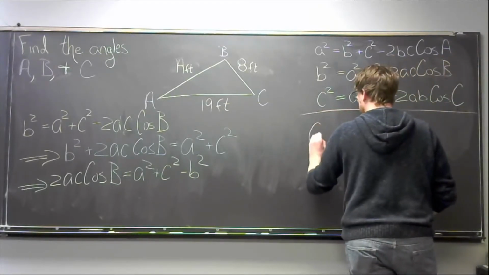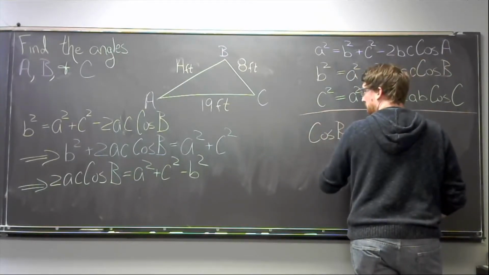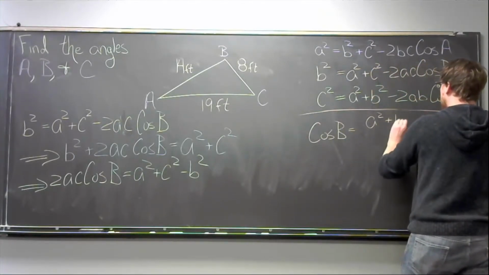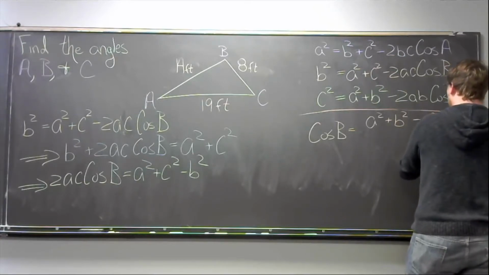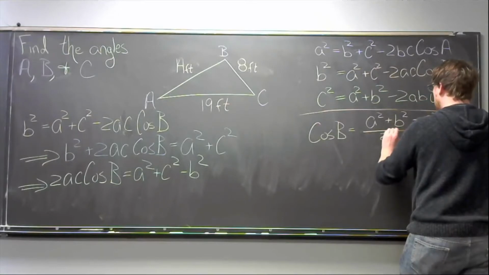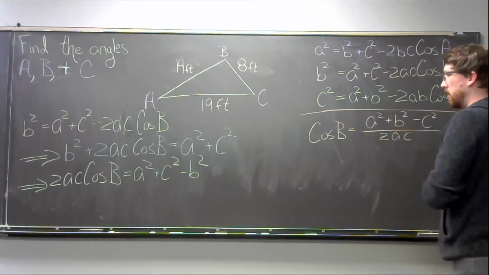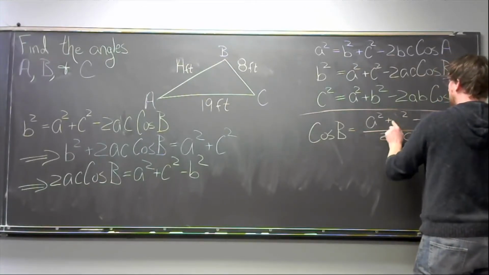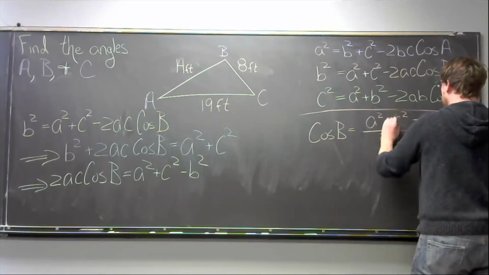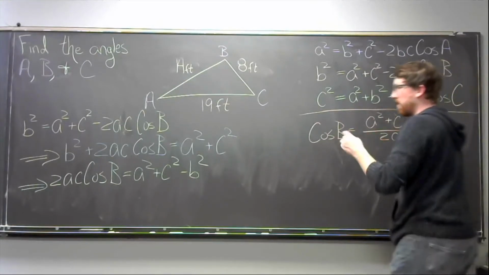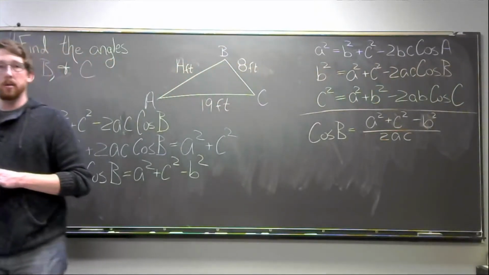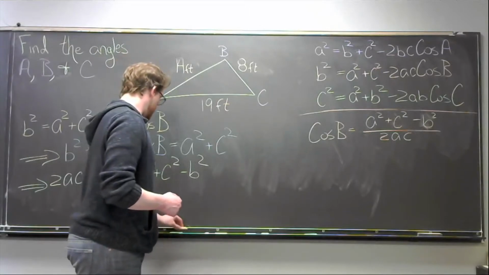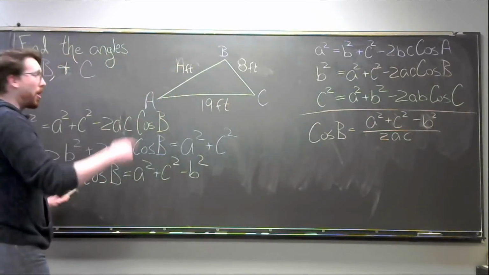That is, cosine b is equal to a squared plus c squared minus b squared divided by 2ac. All right, so we want to apply that now.